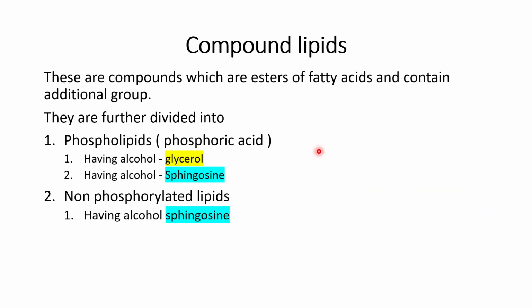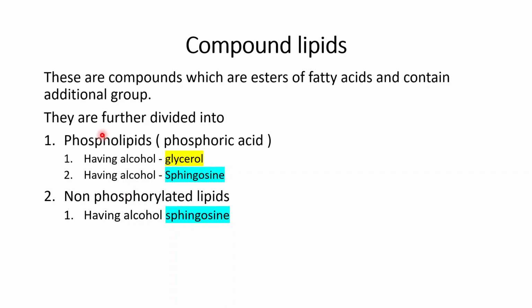Now let us look at compound lipids. We have seen that compound lipids have an additional group known as a prosthetic group. These are esters of fatty acid and contain an additional group. Based on this additional group, it can be a phosphoric acid, then it is called phospholipids, or it can be a non-phosphorylated lipid, that means a group other than phosphoric acid.